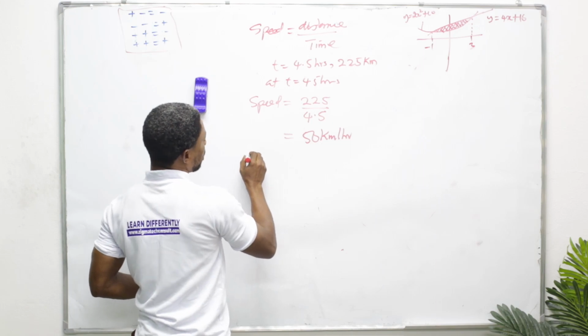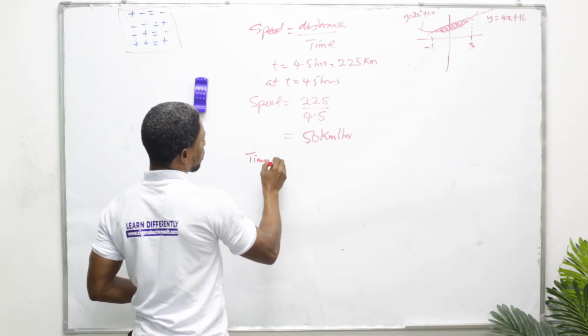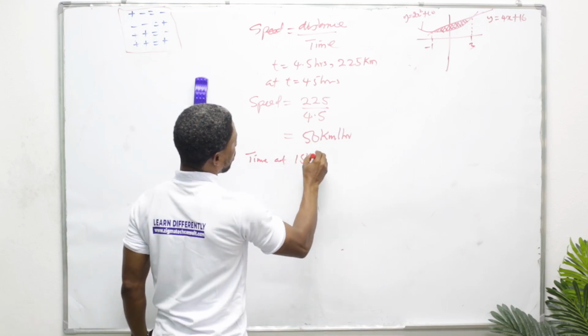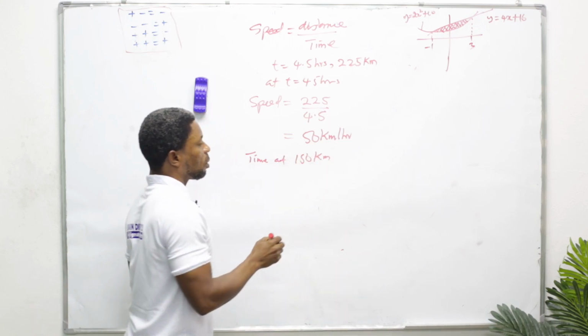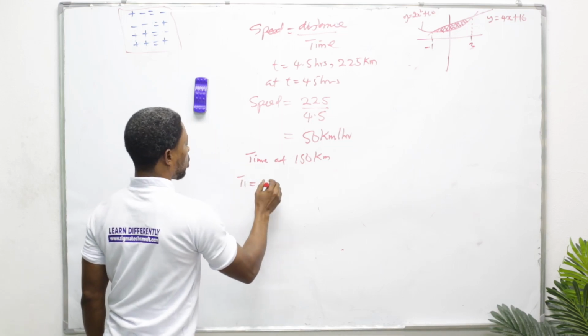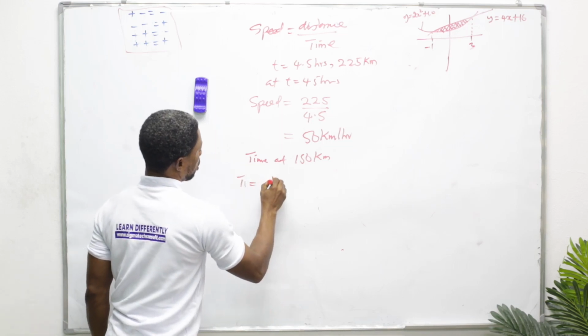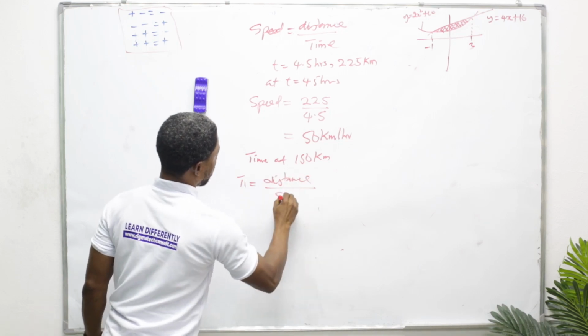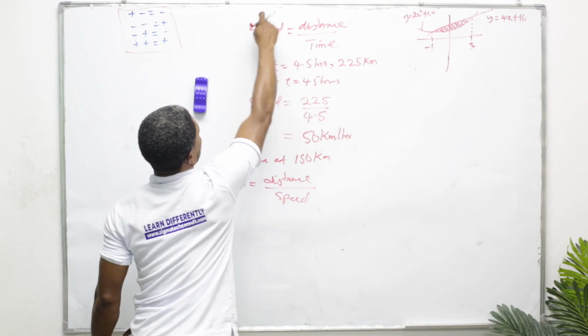So that means my time at 150 kilometers is going to be t equals distance all over my speed.